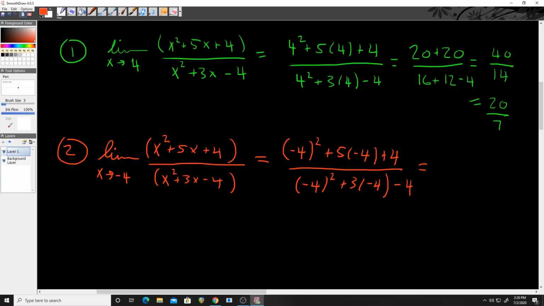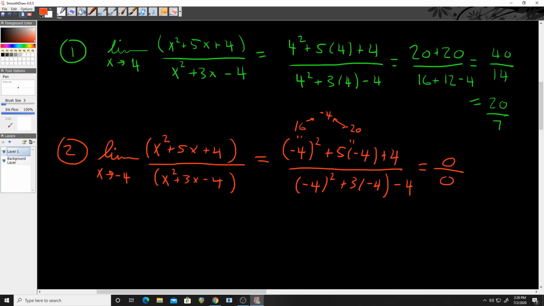Negative 4 squared is 16. 5 times negative 4 is negative 20. 16 plus negative 20, if we add those together, we get negative 4. Negative 4 plus 4 is 0 on top. And now on the bottom, we have positive 16 here, minus 12. 16 minus 12 is 4. 4 minus 4 is 0.